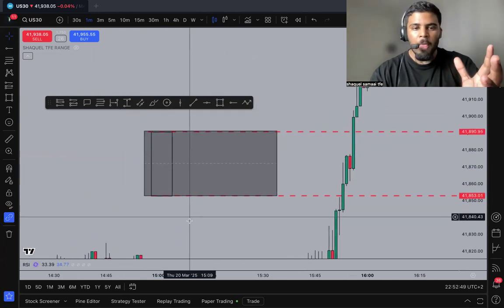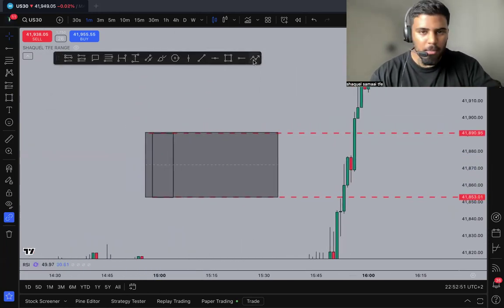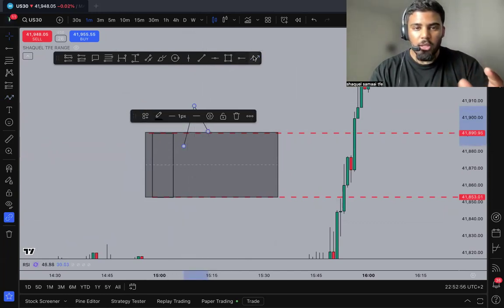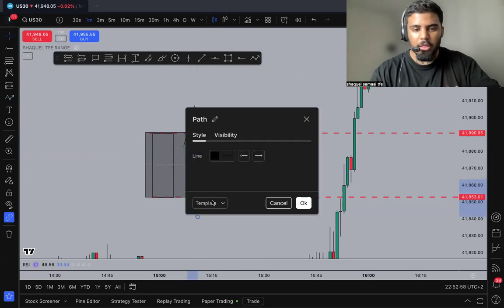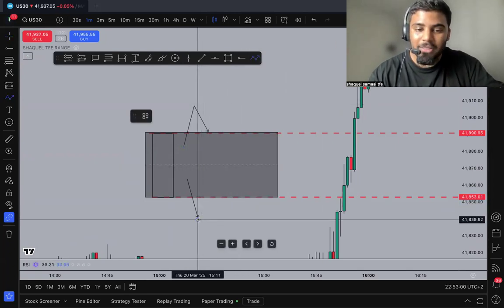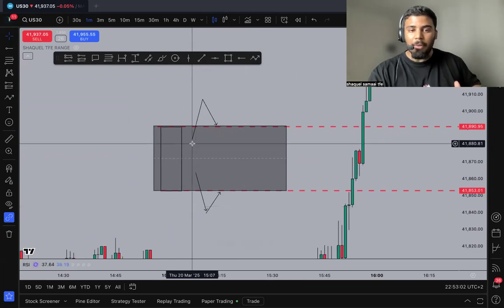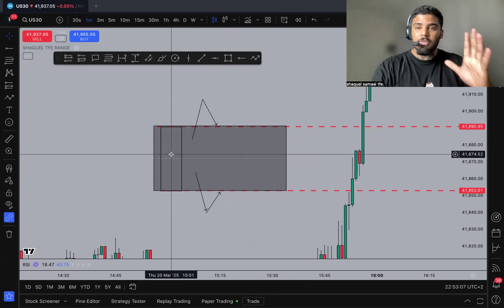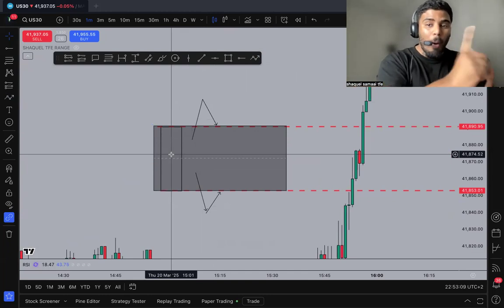You're gonna box it off, right? And all you're gonna wait for is a simple closure, either at the top or the bottom, and then a simple retest. So if it breaks above and closes above the New York Open 1 minute candle.